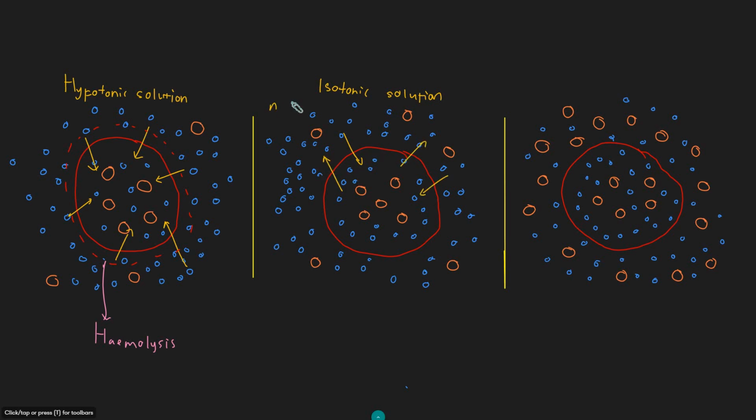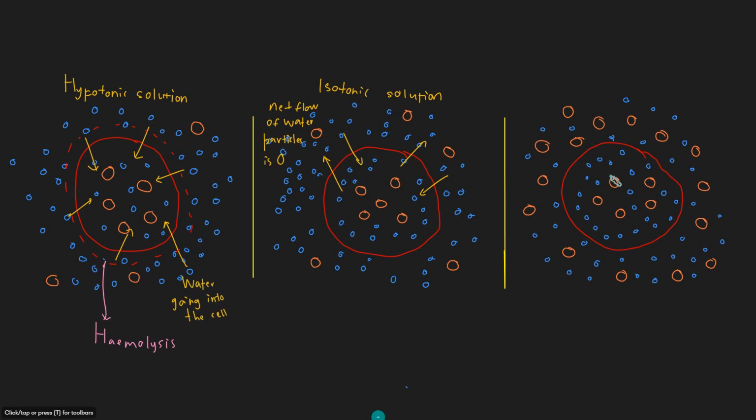Hence, the net flow of water particles is zero. If you put any plant cells inside an isotonic solution, nothing would happen. The plant cell would still maintain its shape. The same thing goes for red blood cells or any animal cells.